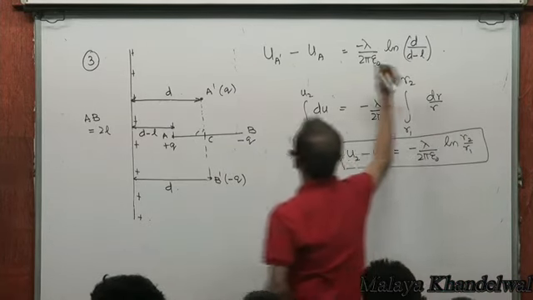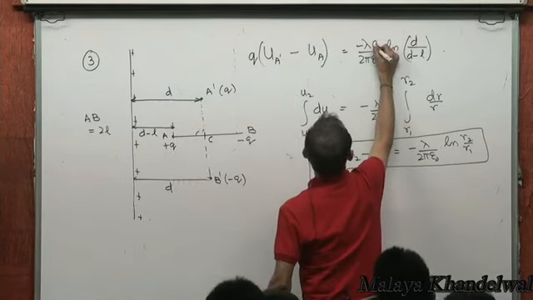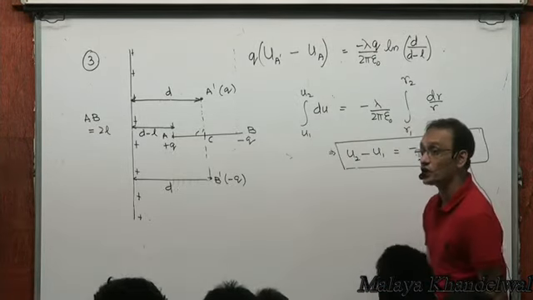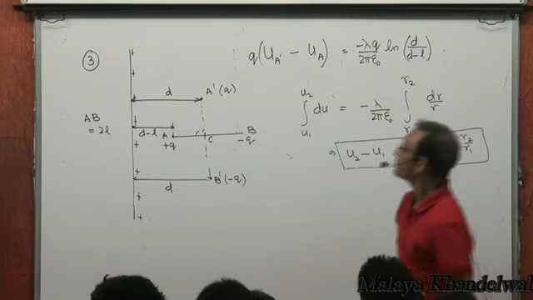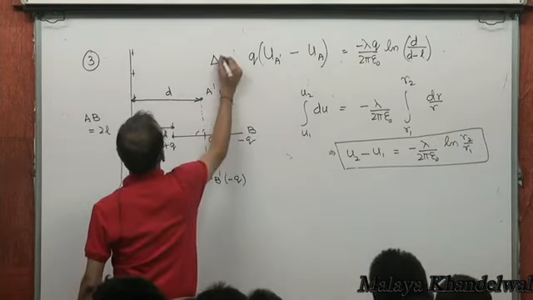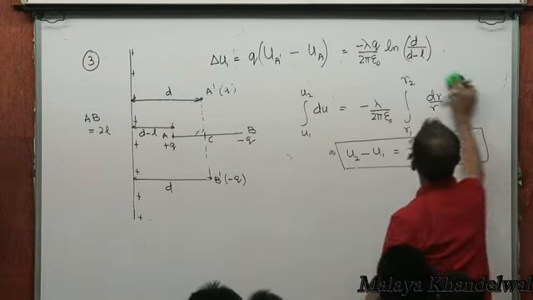So the difference in potential energies of the charge Q is this times Q, when taken from A to A prime. Let's say this is delta U1, the difference in potential energies of one of the charges.